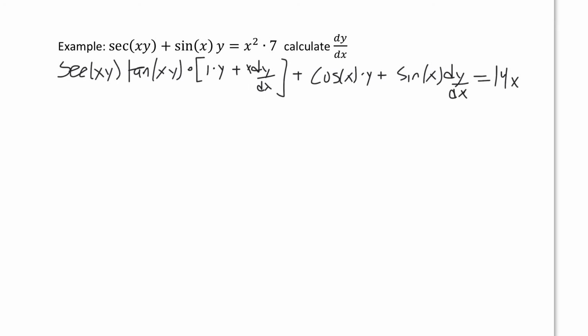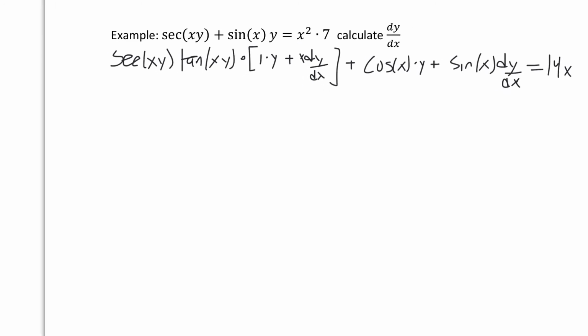All right, let's start to expand things, see what we get. So here we're going to have, again, I feel comfortable writing the y in front rather than putting it with the trig functions.